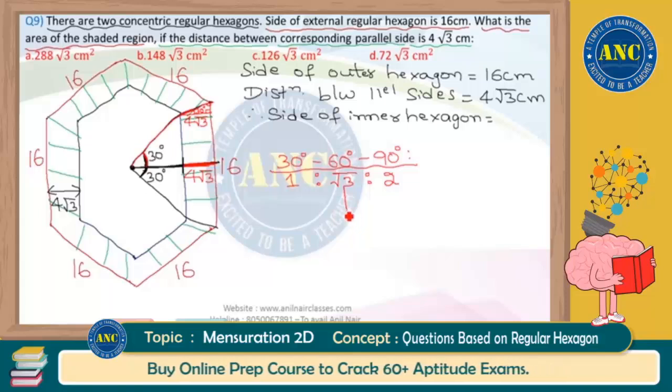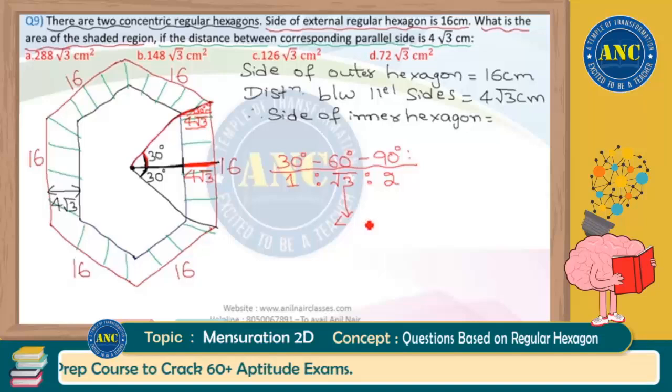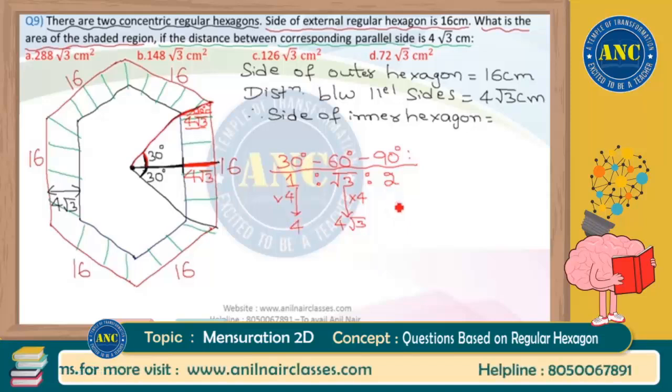But the question says opposite to 60 is not root 3, it is 4 root 3. So multiply this by 4, multiply 1 also by 4 and multiply 2 also by 4. That means opposite to this 90 degrees, the side is 8 units, right?